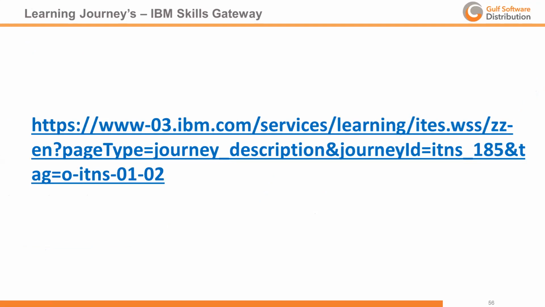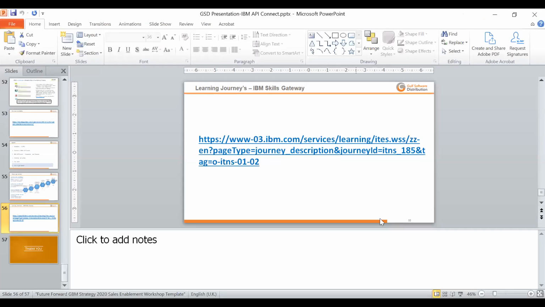Again, this is a link which gives the list of all trainings that are available from IBM when it comes to certifications. I recommend that everyone goes through these links so that you can stay enabled with the certification programs which are available from IBM.